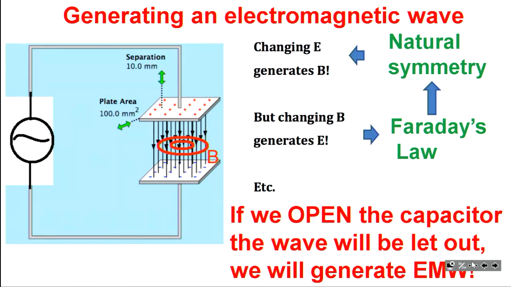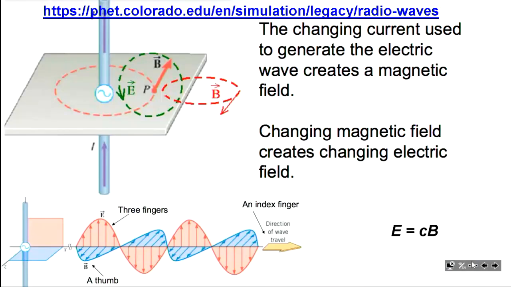And electromagnetic wave travels away. All we have to do is just take this capacitor and open it. And that's what we call an antenna. That's it. We just have to generate a relatively strong electric current, and electromagnetic wave begins traveling away from it.